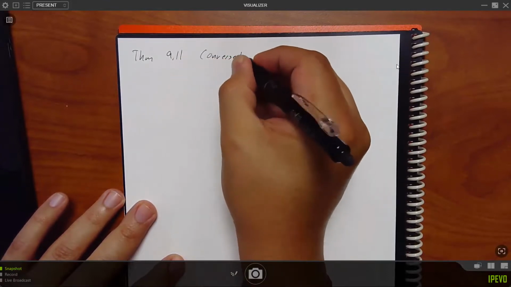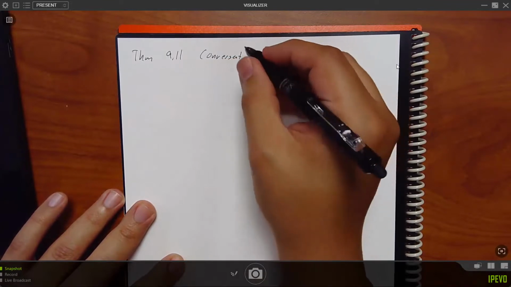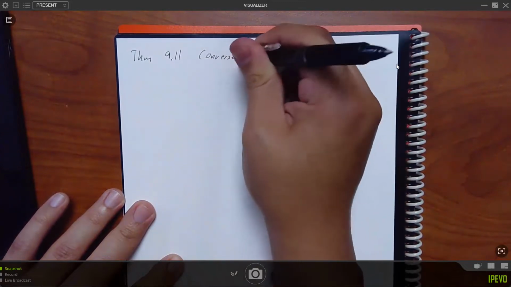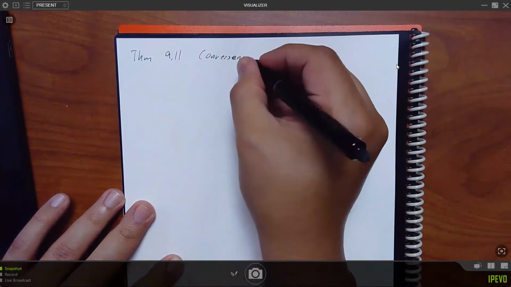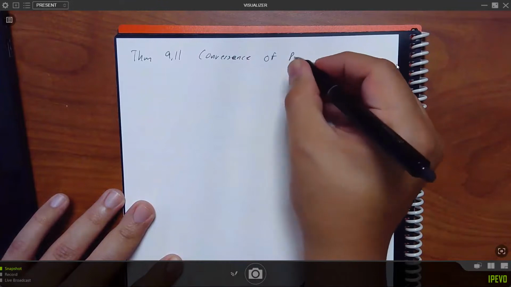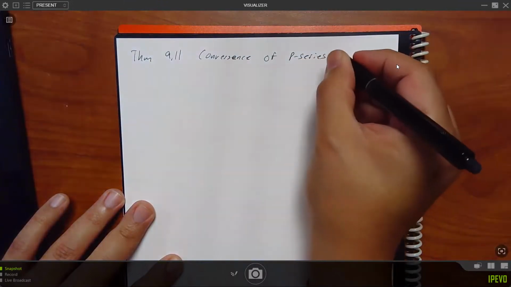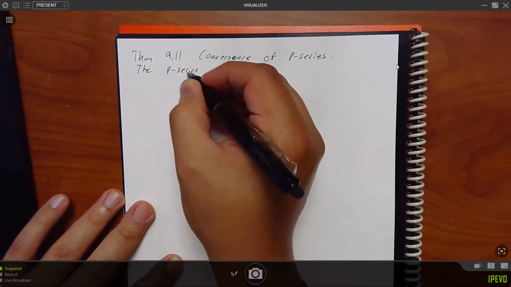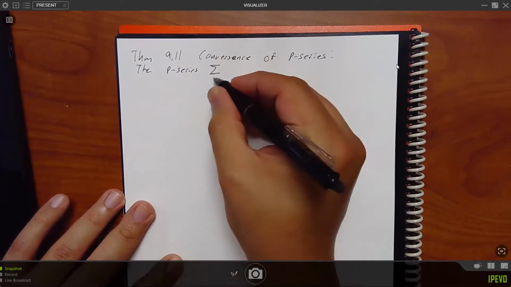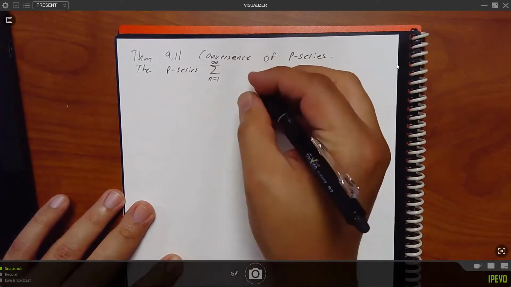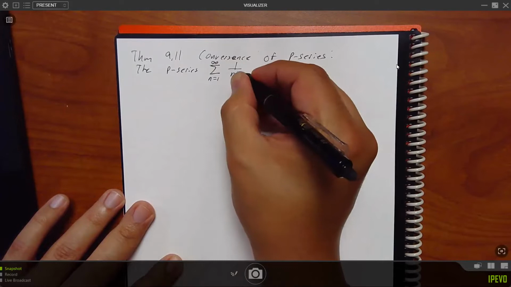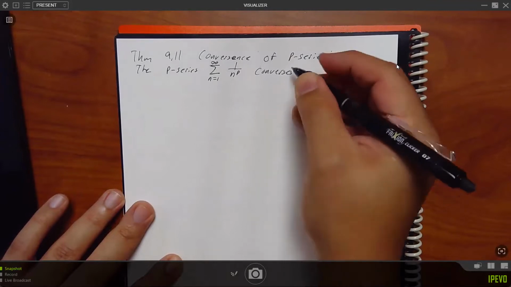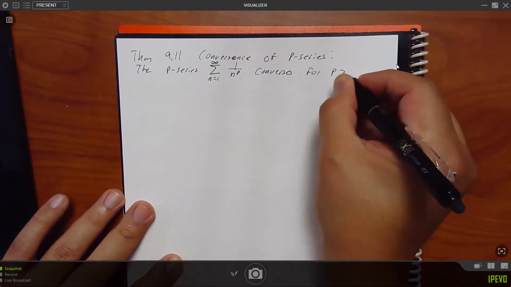Convergence of P series, right? The P series from n equal 1 to infinity, 1 over n to the P, converges for P greater than 1.